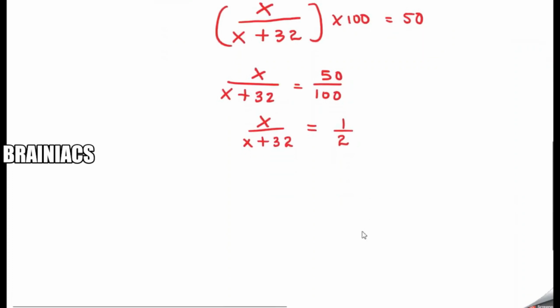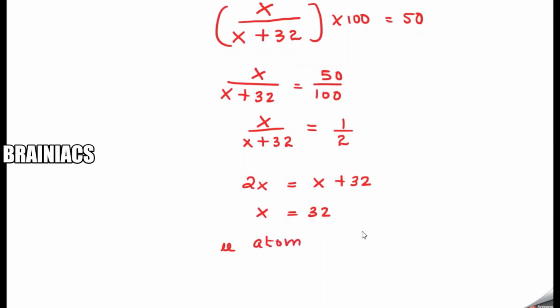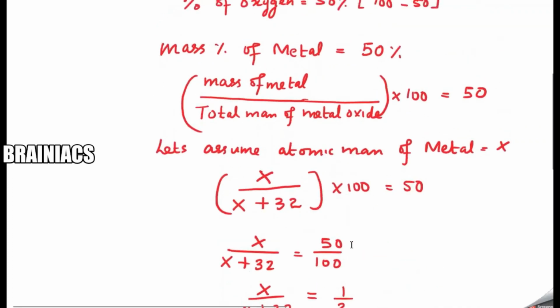So this will become 2X is equal to X plus 32. So if you bring X here, X becomes 32. That is, the atomic mass of the metal is equal to 32. I have got it. Now we will talk about the second oxide.